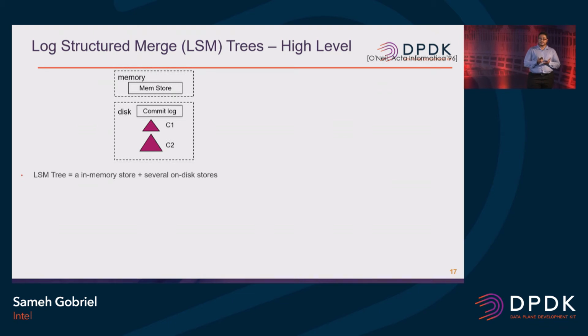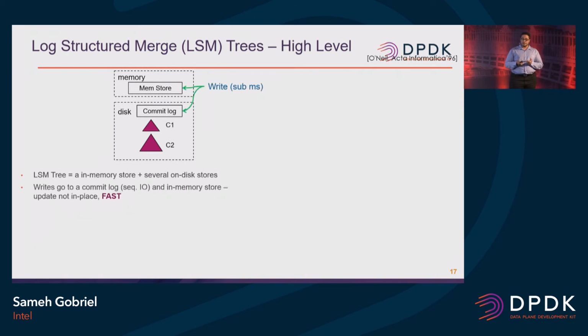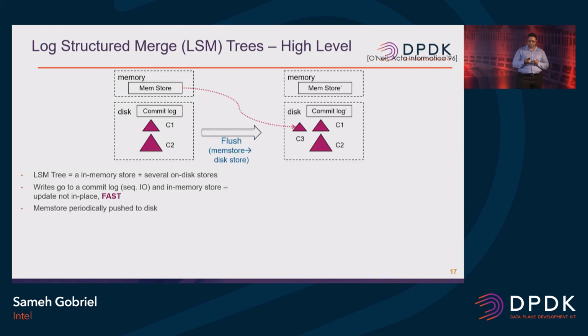Basically, what the LSM trees are doing, they have an in-memory store for KV and several stores offline or on the disk. Whenever there is a write, you write both into the memory store and also to the commit log in disk, which is supposed to be fast. And then from time to time, because you want your in-memory store to be fast, you are pushing updates to the disk.